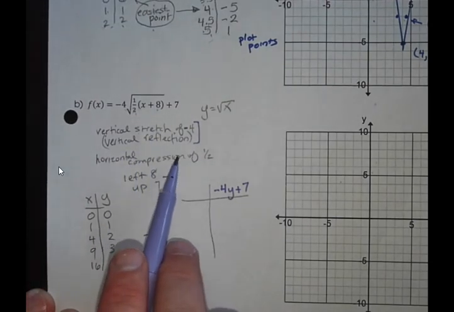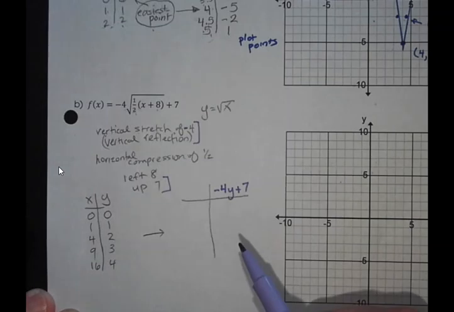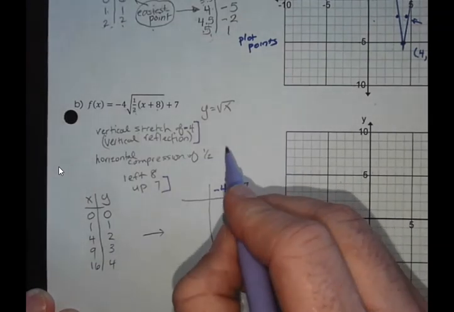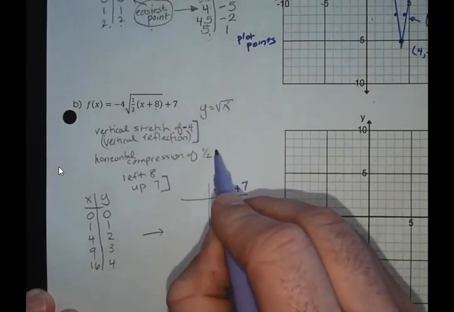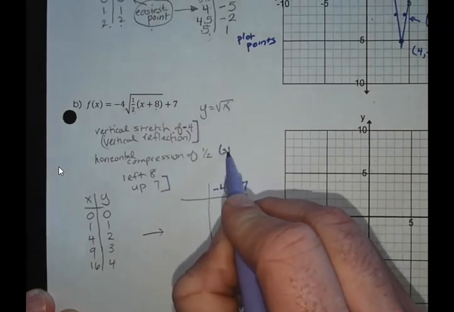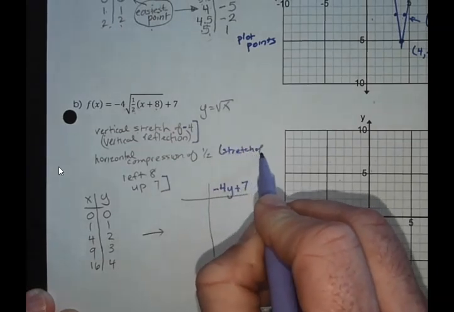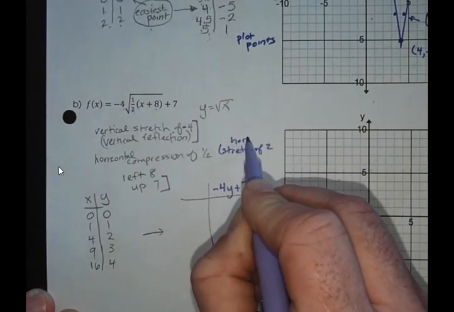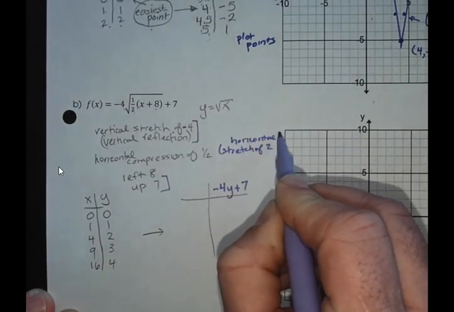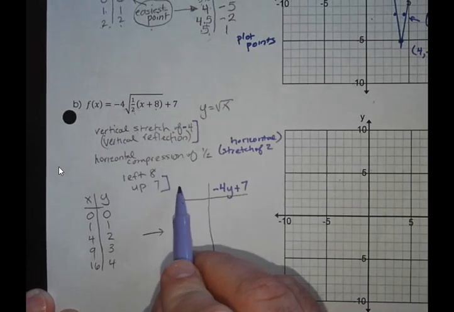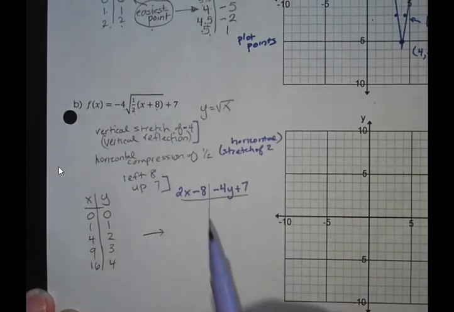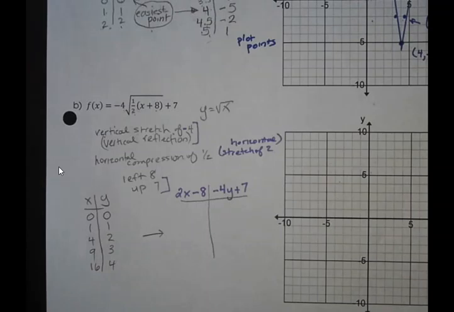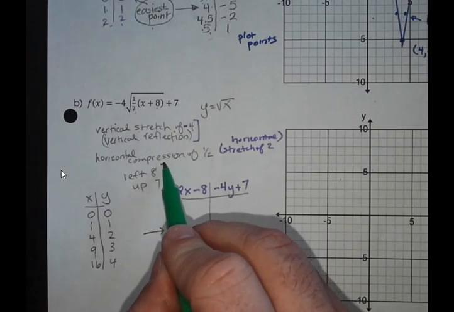Now, compression of 1/2, that doesn't sound very good. If we were dividing by a fraction, we would do the reciprocal. So this is like almost saying this is a stretch of 2 horizontally. So that would be 2x, and left 8 means we subtract 8. Should have done that in green.